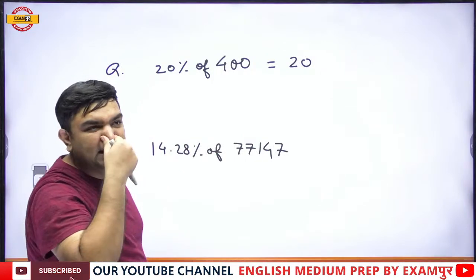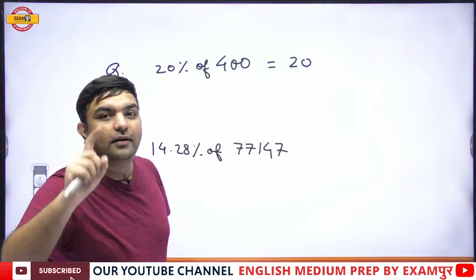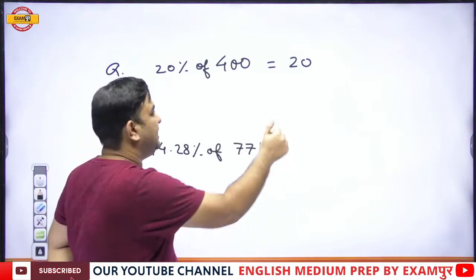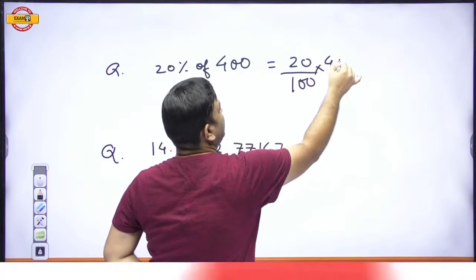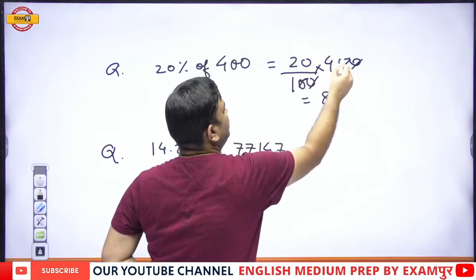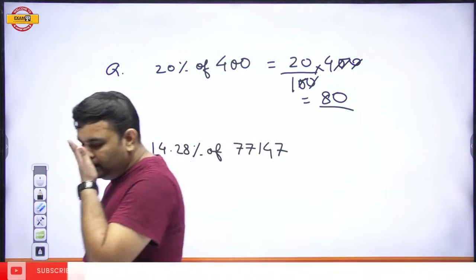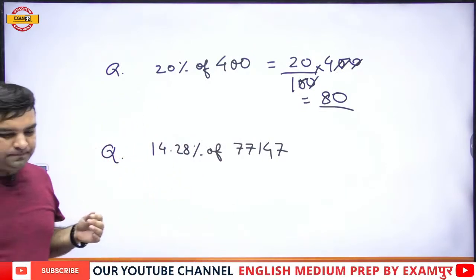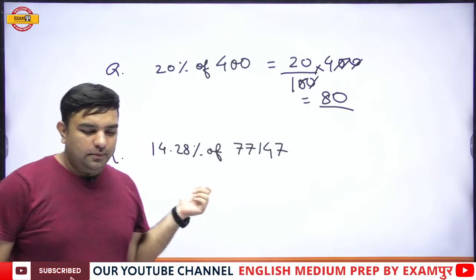How do you eliminate the percentage sign? By dividing by 100, into 400.